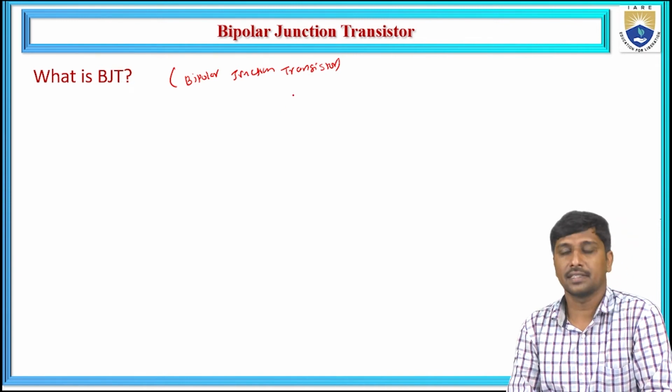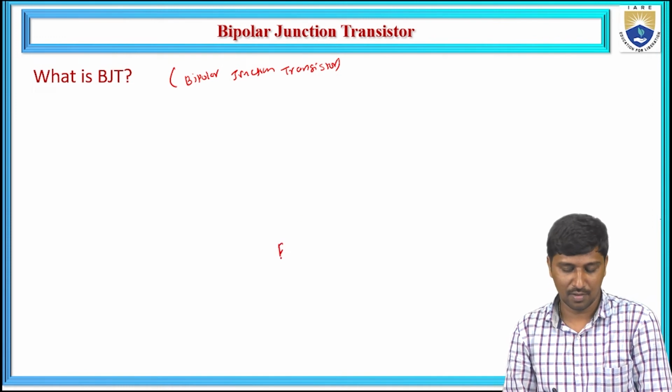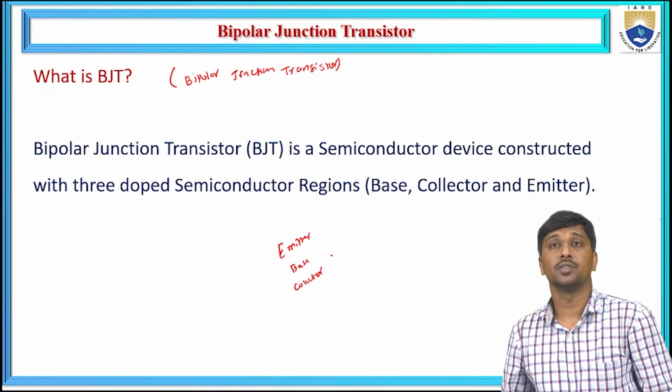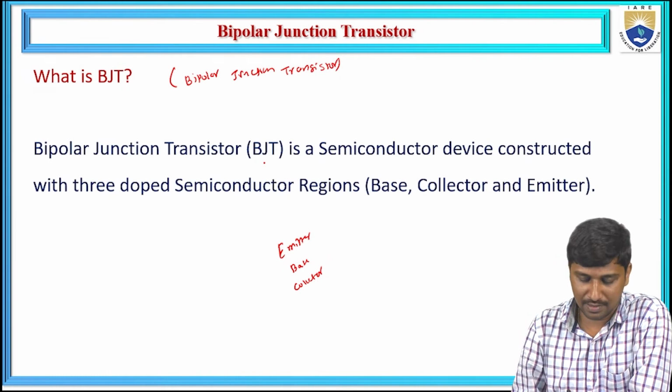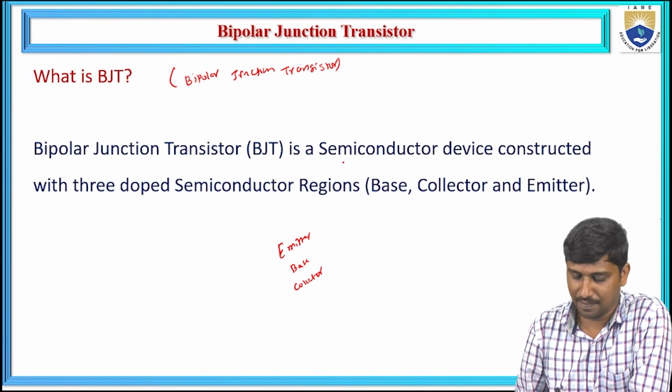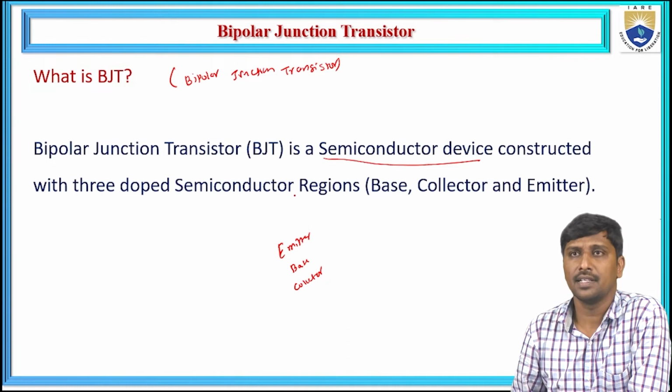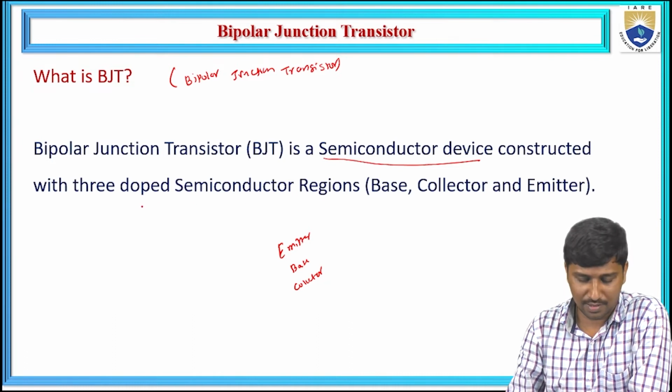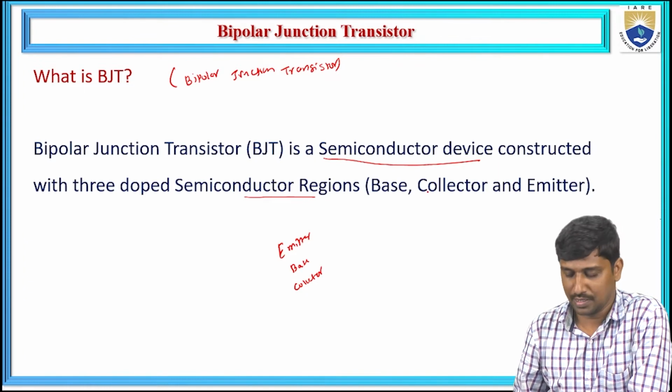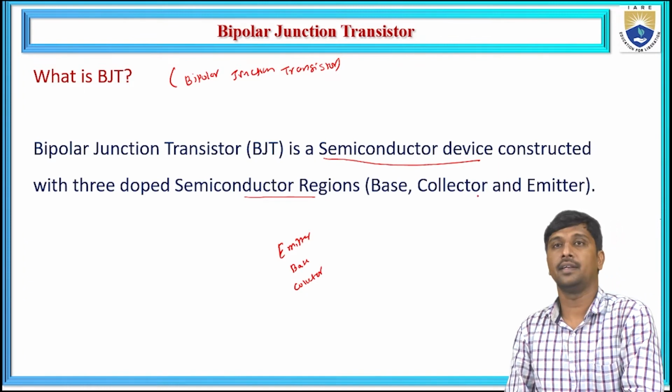The three-layer structure contains three terminals: one is the emitter, another is the base, and the other is the collector. Hence the bipolar junction transistor, or BJT, is a semiconductor device constructed with three doped semiconductor regions: the base, collector and emitter.